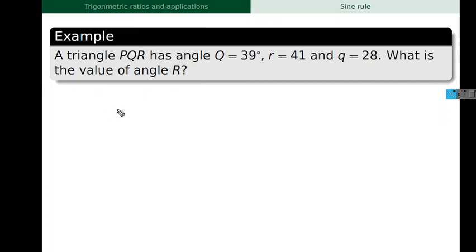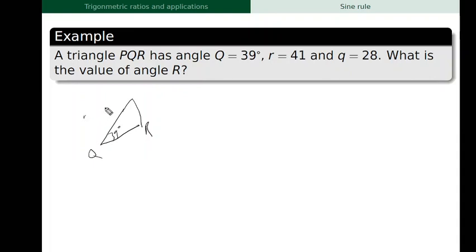When I draw these, I try to do it roughly to scale. 40 degrees is a bit less than 45, so it looks something like that. So that must be Q, and I've got it being 39 degrees. Then r is 41, q is 28. So why don't we extend this a bit and then drop that there.